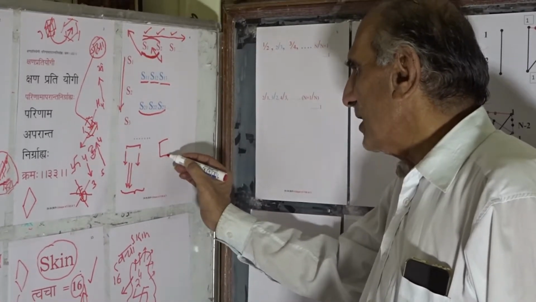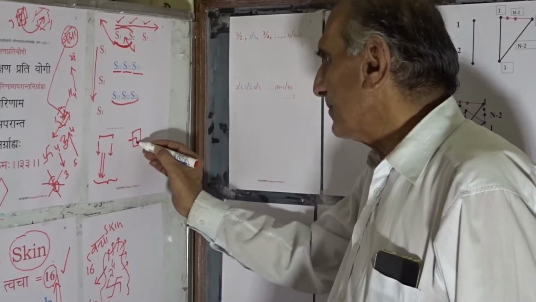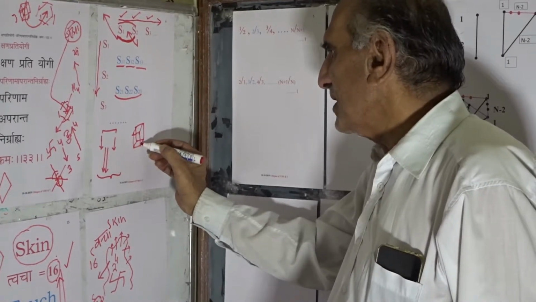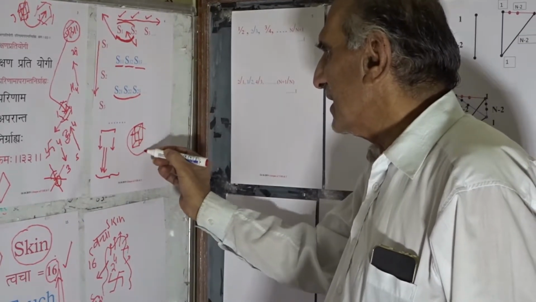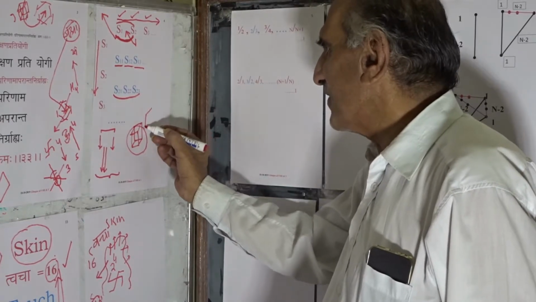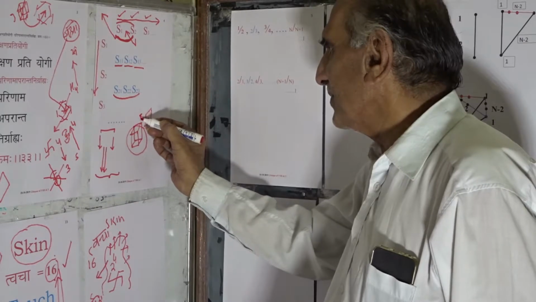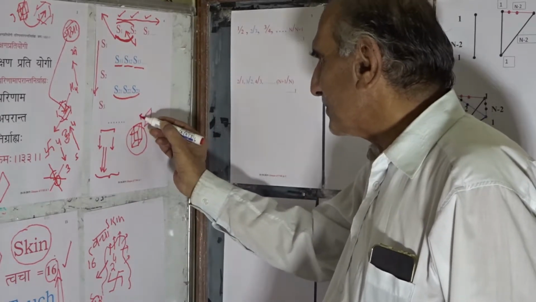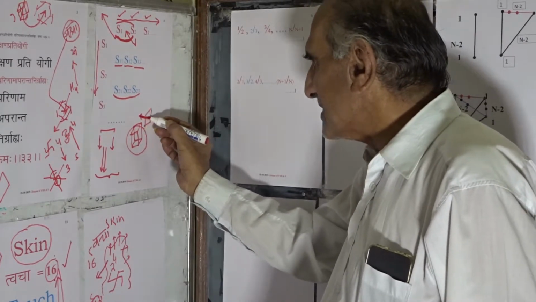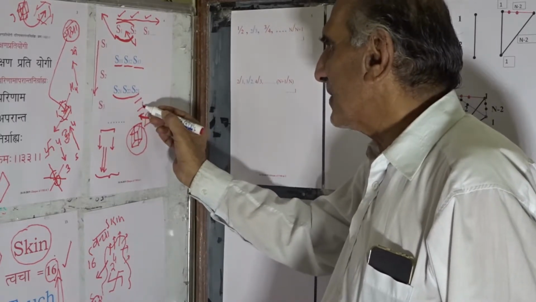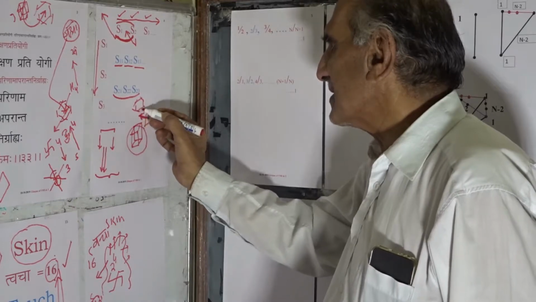See this body as a solid. This solid body is having a boundary, a surface. It is this tvacha. This tvacha is having a sparsh of the outer space, a four space.